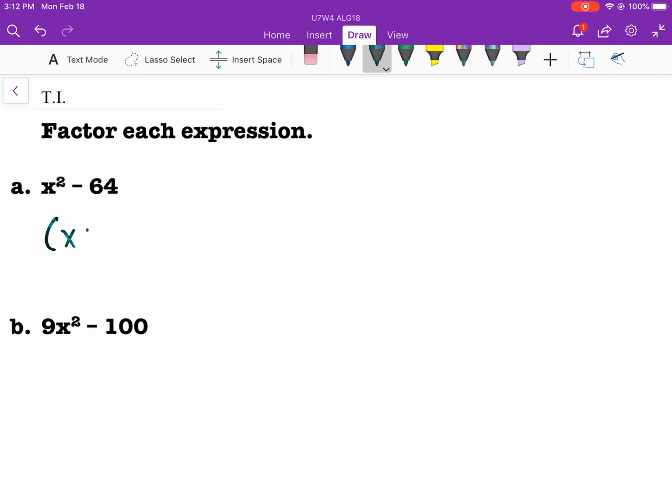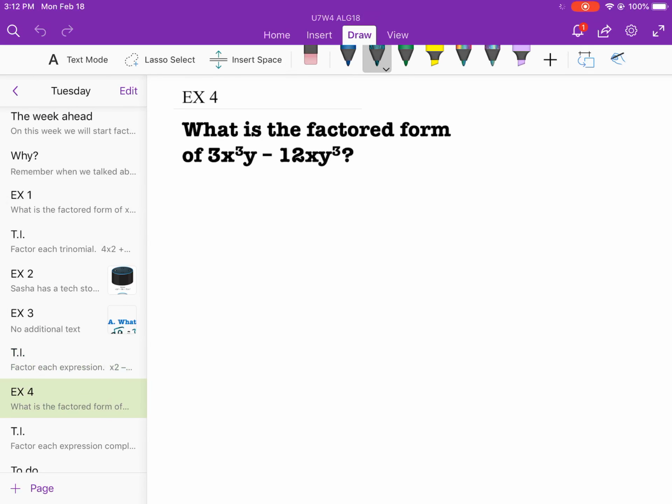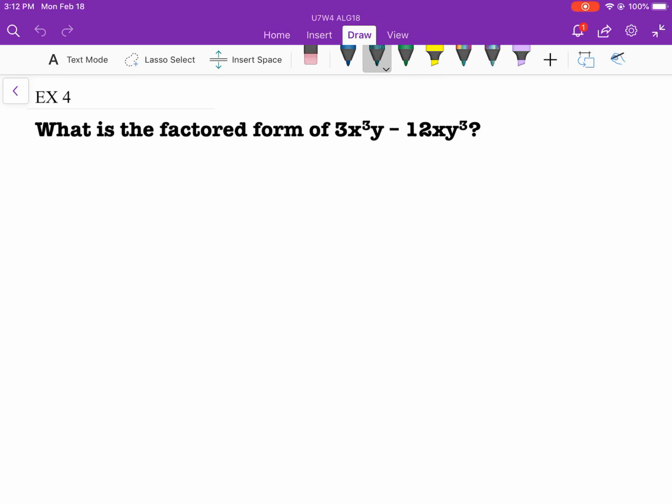Factor it. X plus 8, x minus 8. Then 3x plus 10, 3x minus 10.